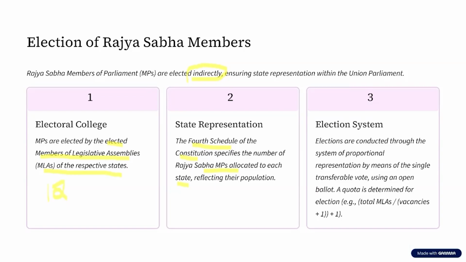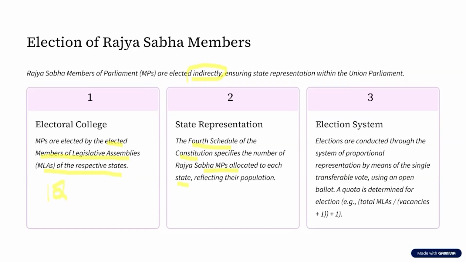So obviously it is Uttar Pradesh which has the highest number of Rajya Sabha members elected. The reason is that they have more MLAs in that state. What is the number of MPs from Uttar Pradesh elected to Rajya Sabha? It is 31.